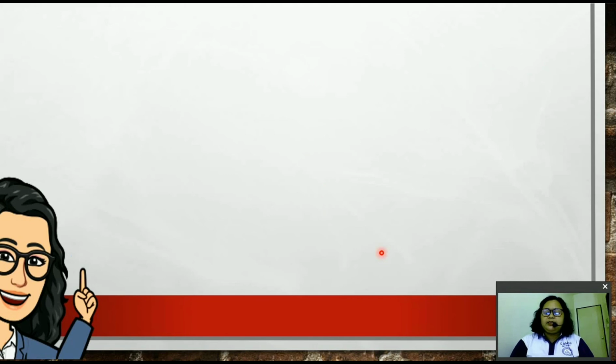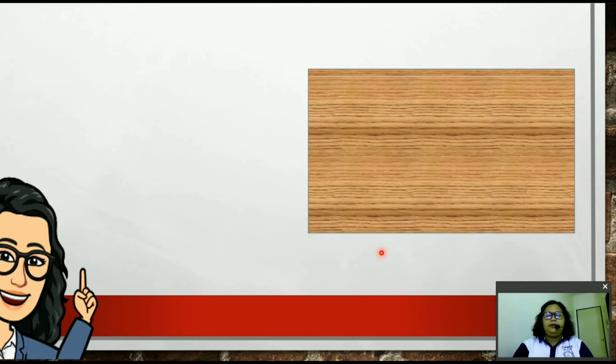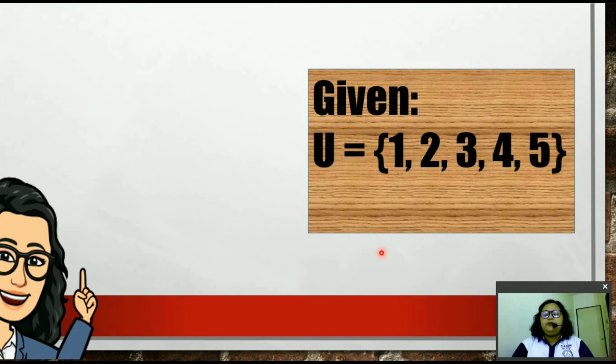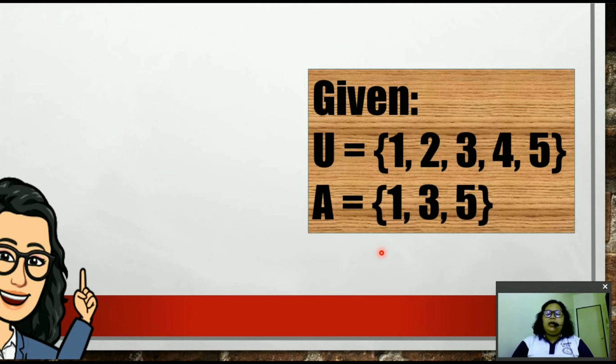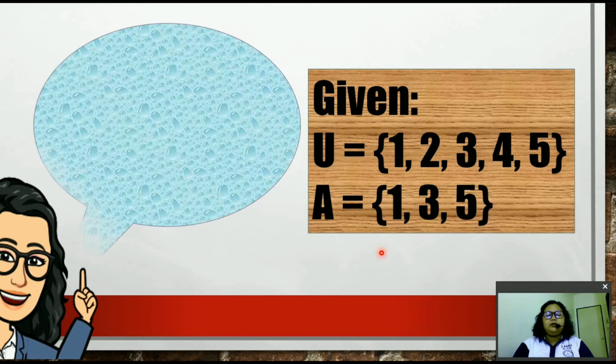Let us have our discussion now on how we use the Venn diagram. Let us have here the given. The universal set consists of elements 1, 2, 3, 4, and 5. And set A consists of elements 1, 3, and 5. If you notice, we have a universal set and a set, only two.